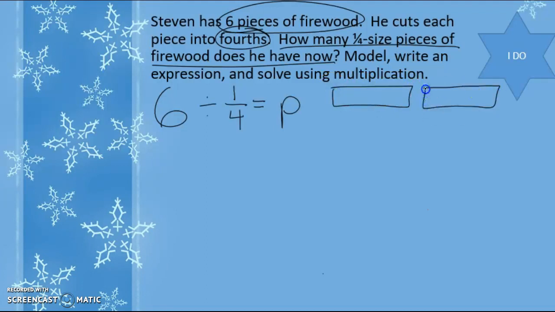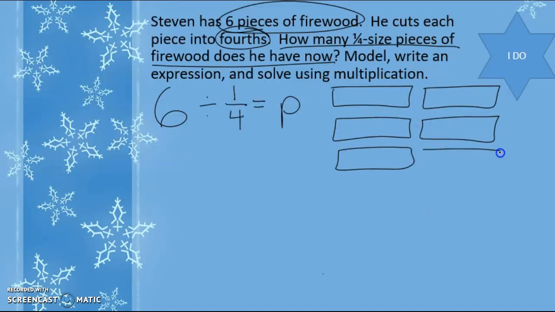1, 2, 3, 4, 5, 6. And we're going to cut them into fourths.